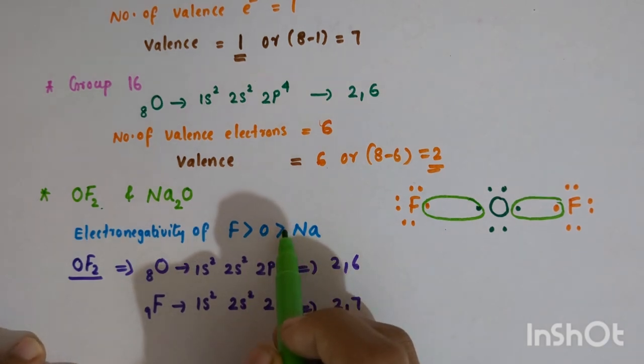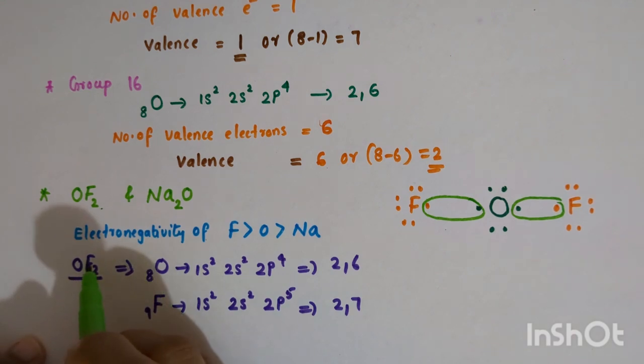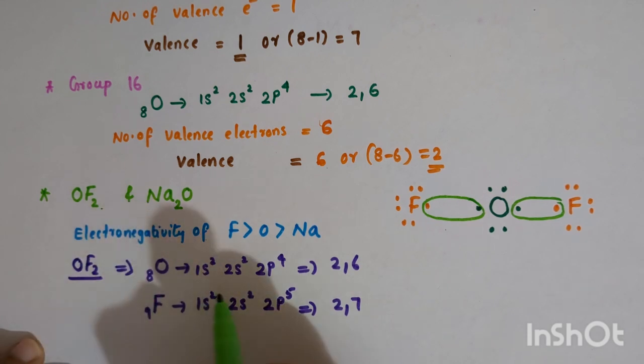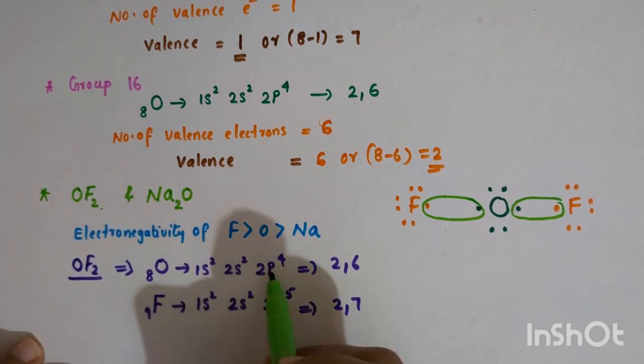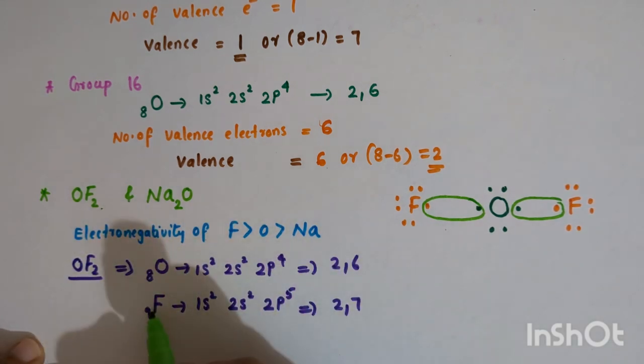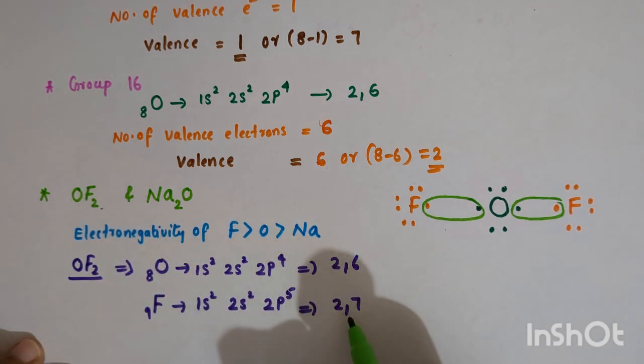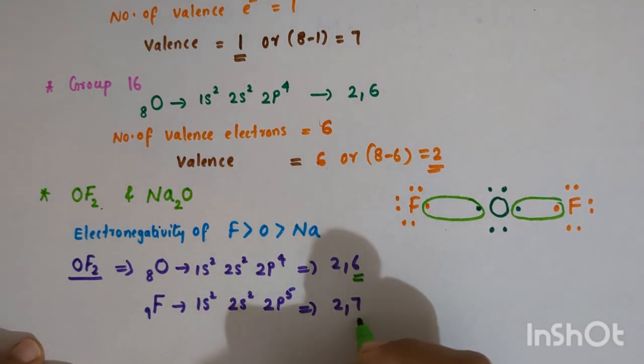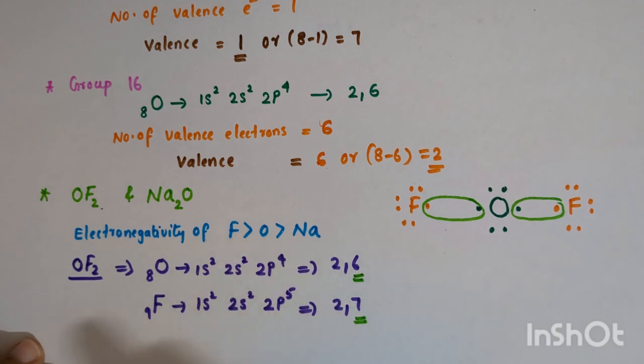Now let us consider the compound OF2. Oxygen has atomic number 8, so its electronic configuration is 1s2, 2s2, 2p4, that is 2, 6. Fluorine has atomic number 9, so 1s2, 2s2, 2p5, that is 2, 7. That means oxygen has 6 valence electrons and fluorine has 7 valence electrons.